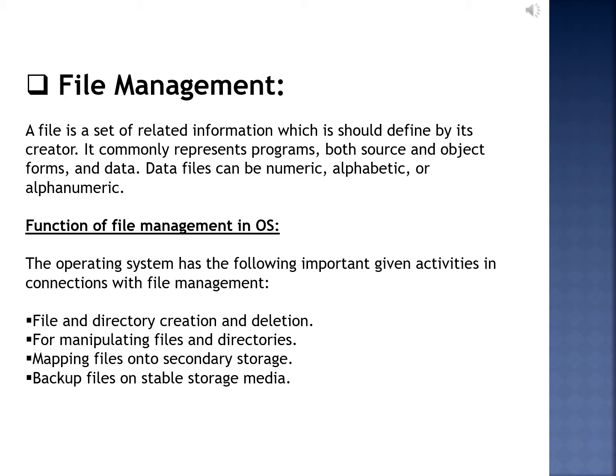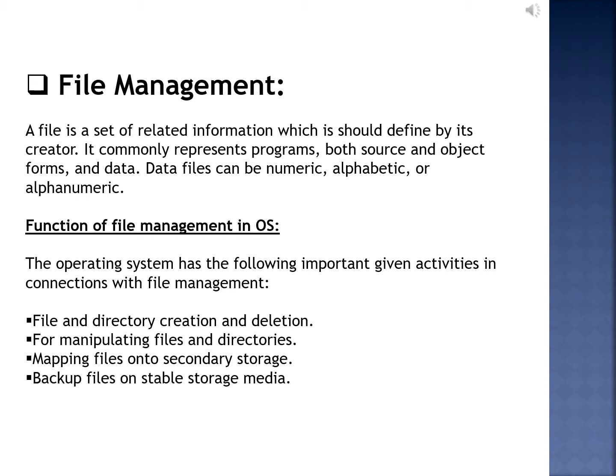File management is one of the most visible services of an operating system. Computers can store information in several different physical forms. Magnetic tape, disk, and RAM are the most common forms. Each of these devices has its own characteristics and physical organization.